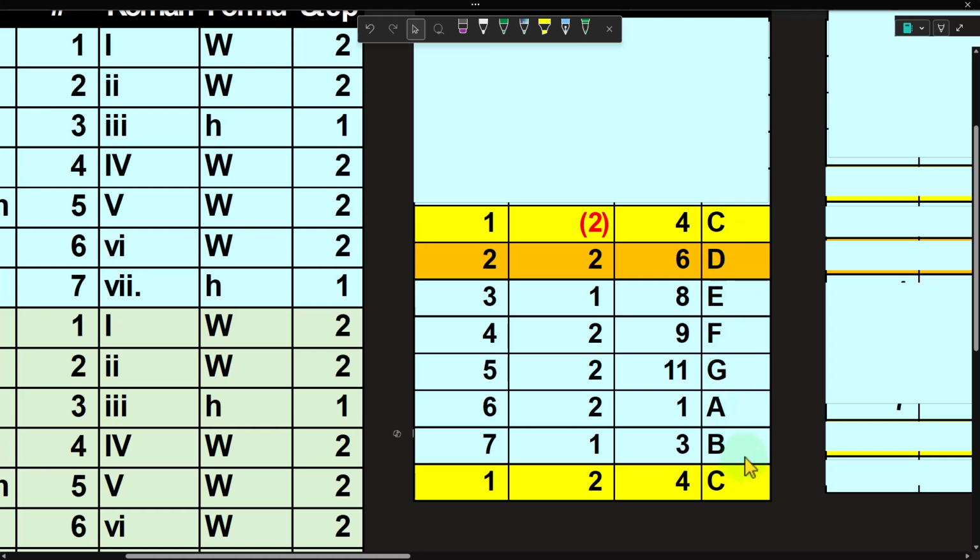Now, most people are going to know possibly their intervals from the major's position.